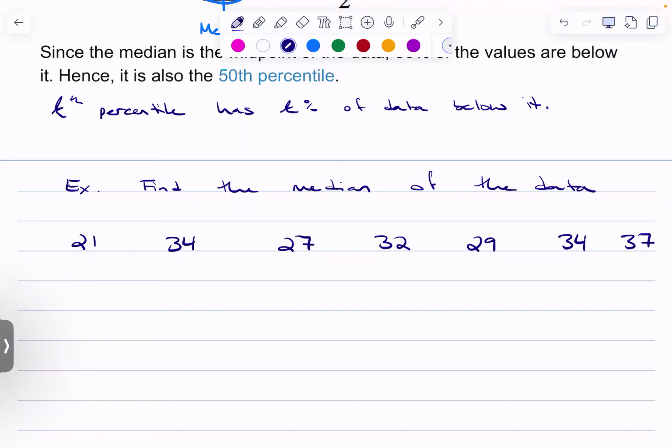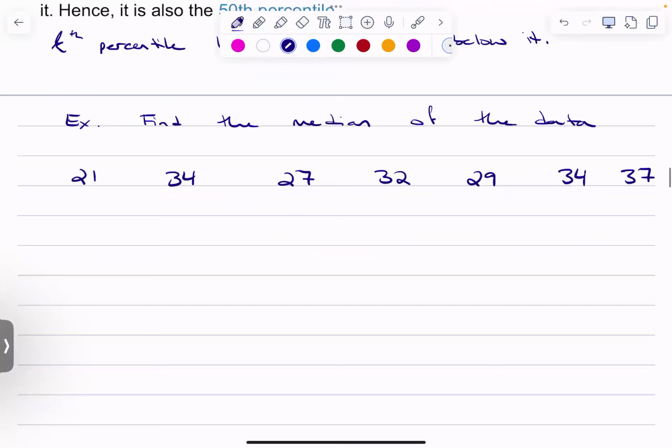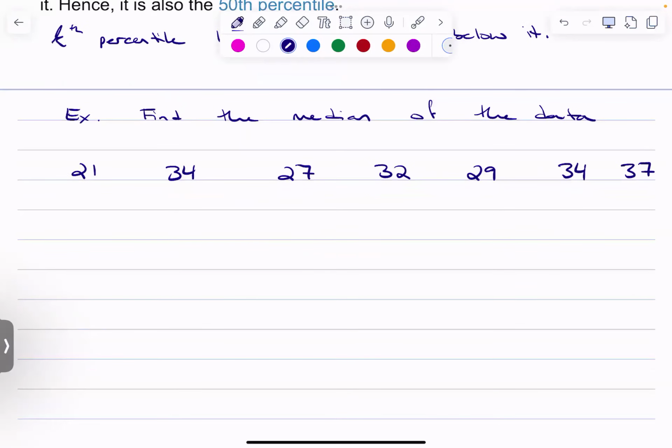That can happen. To find the median, first thing you have to do, and it's really important, is you have to sort these from smallest to largest, right? Making sure you don't lose any data points because that's going to make a real mess. Yeah? So step number 1 is sort the data.